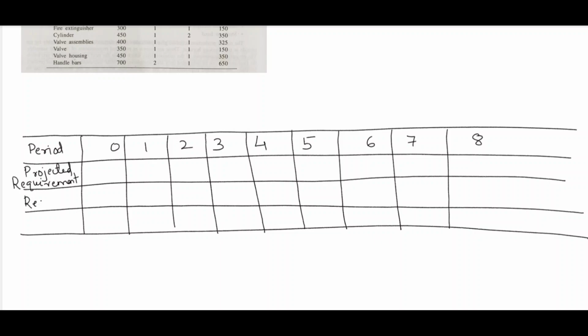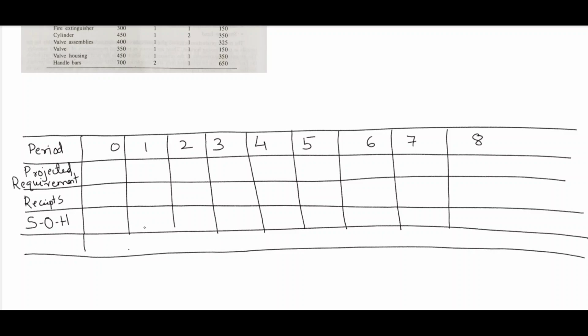Then next is the receipts. Then stock on hand, I am writing stock on hand, SOH. Then last row is our planned order release, POR, abbreviated form.